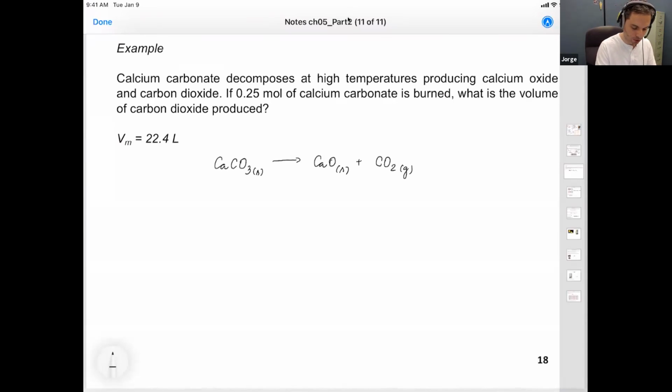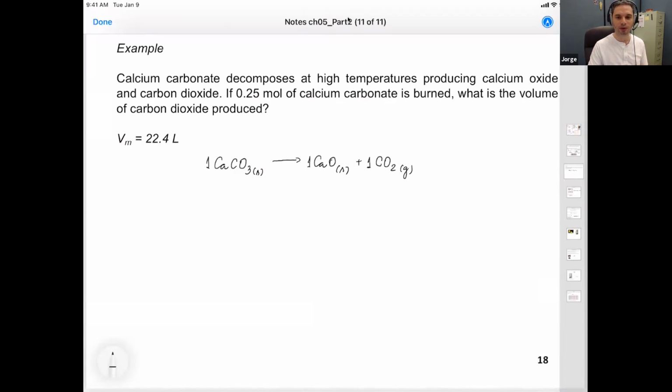Okay, so burning the solid will produce two products, and one of them is a gas. Next step is to balance the equation. Here it is very simple. Everybody will have a stoichiometric coefficient of 1. Pretty simple balancing.